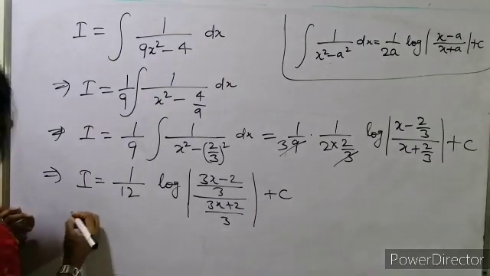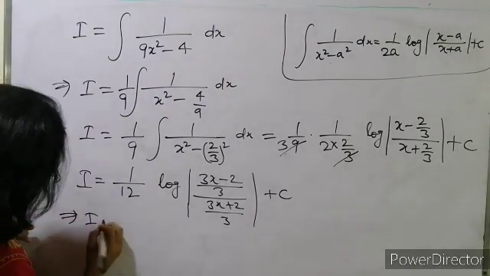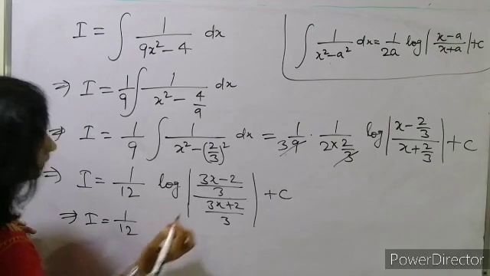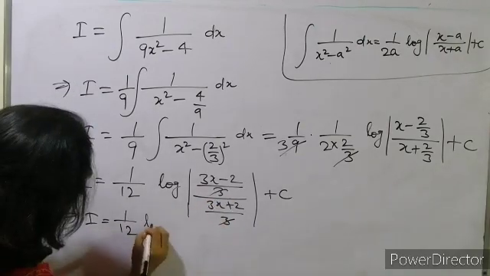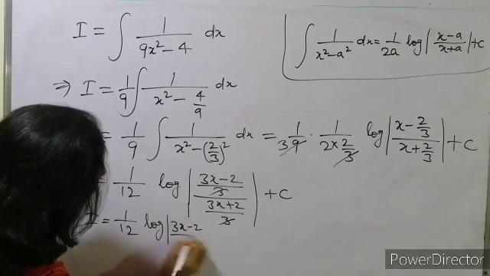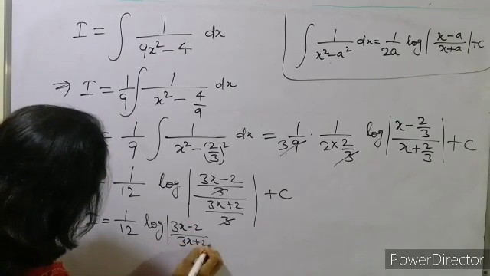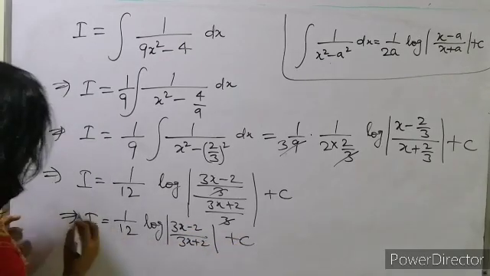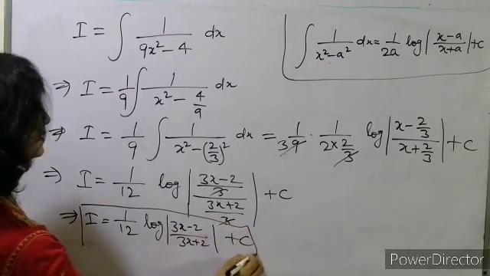So basically the value of I will be 1/12; these 3s cancel. So we'll get log of (3x minus 2) divided by (3x plus 2), plus c. So this will be our answer.